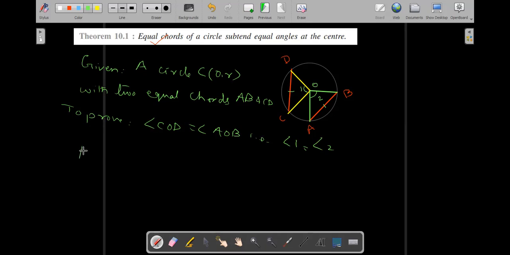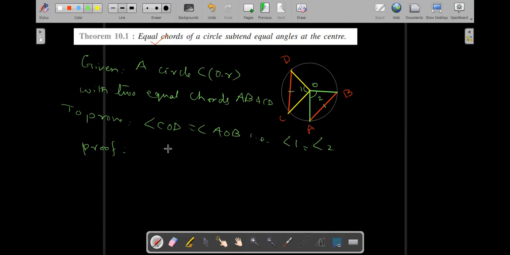So for the proof, here we will use SSS. Consider these two triangles, prove that they are congruent, then it will be proved. You have already seen SSS congruency.